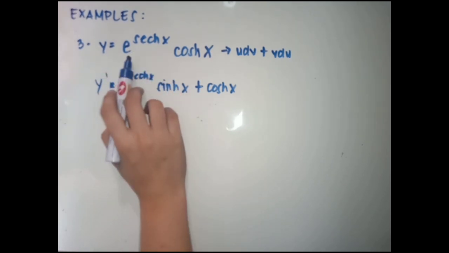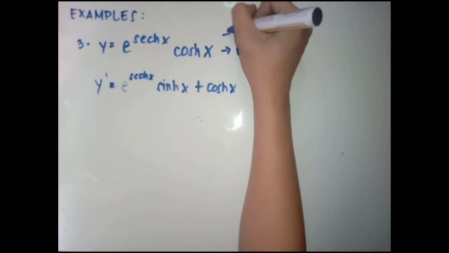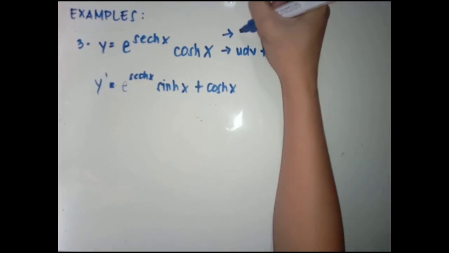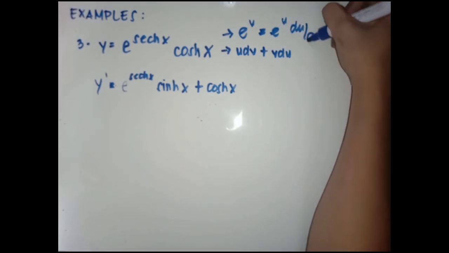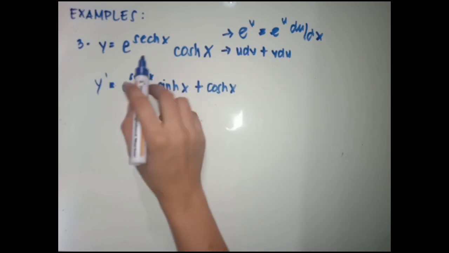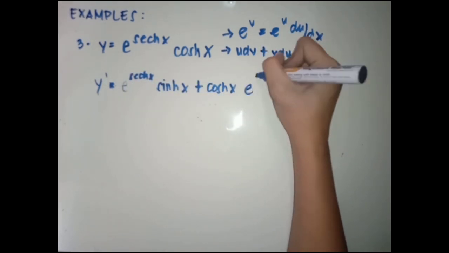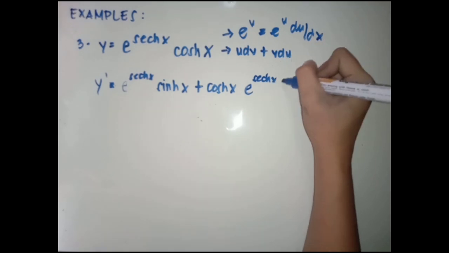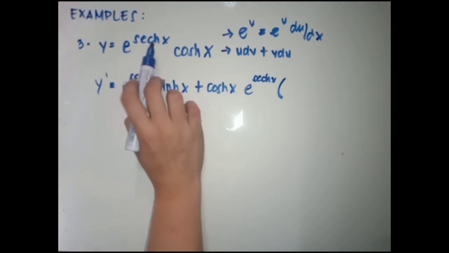So, since naa man tayo base e, mag-use ta sa exponential function. So, sa exponential function, ang derivative of e raised to u is equals to e raised to u du over dx. So, muna nato gamiton sa pag-derive ani. So, we have e raised to hyperbolic secant x times the derivative sa u. So, derivative aning hyperbolic secant x.